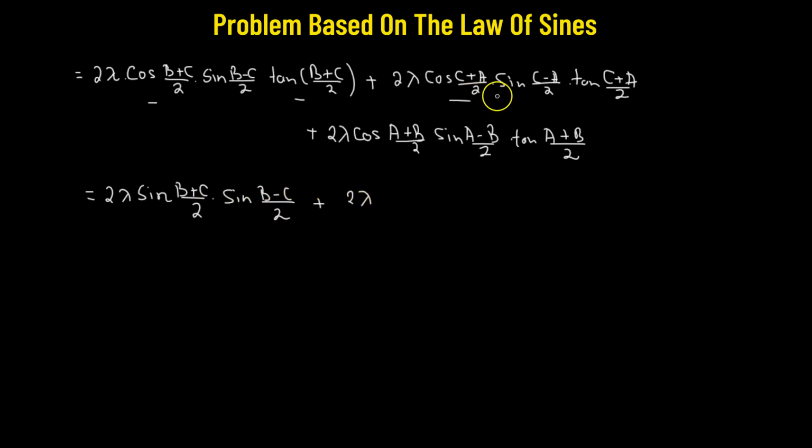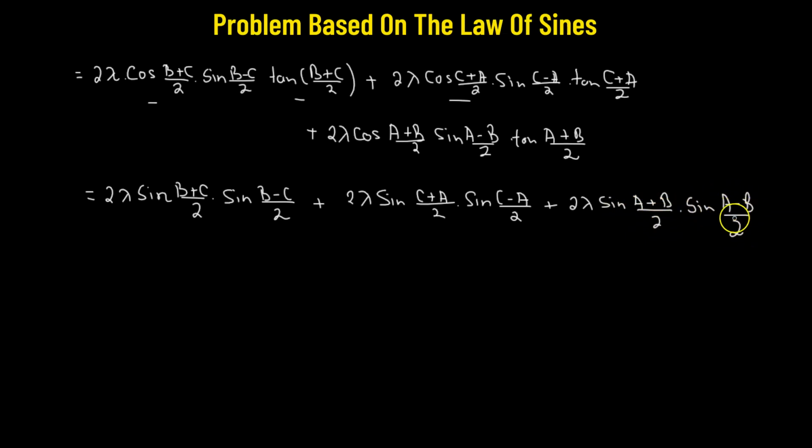The product of cosine of C plus A over 2 and tangent of C plus A over 2 is going to give us sine of C plus A over 2 multiplied by sine of C minus A over 2. And the final term will be 2 times lambda multiplied by sine of A plus B over 2 multiplied by sine of A minus B over 2.